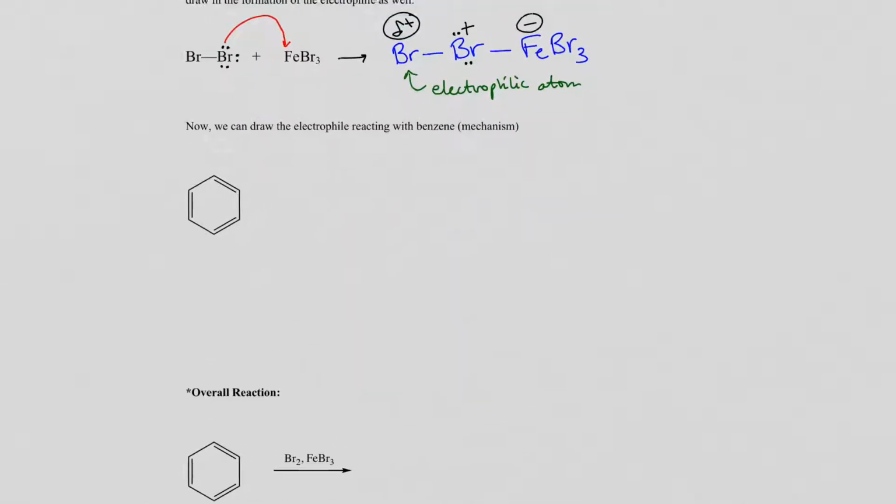Now we can come down here to our benzene ring and draw in the same thing that we drew in our generic example. So double bond attacks electrophilic atom, bond to the rest of the electrophile breaks in this case. And then we're going to draw, there we go.